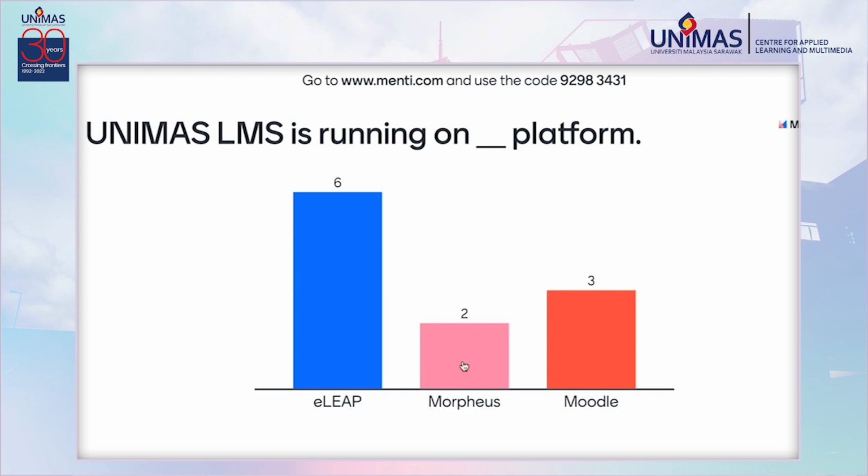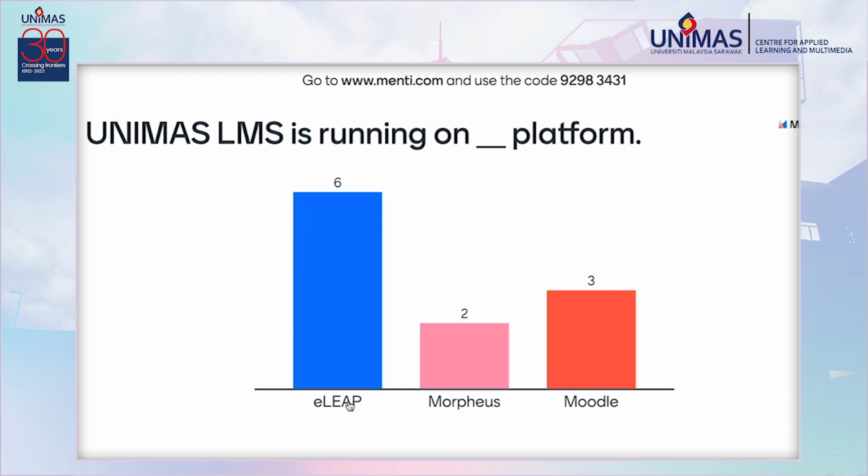Morpheus is the name that was used prior to what it was named eLEAP. These two people have been here for a long period of time, so they know what Morpheus is. That's why they were a bit confused, I guess.